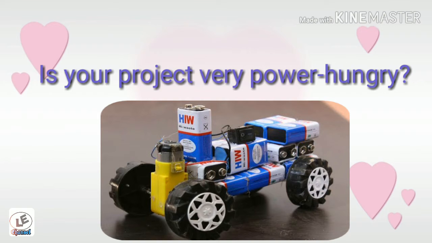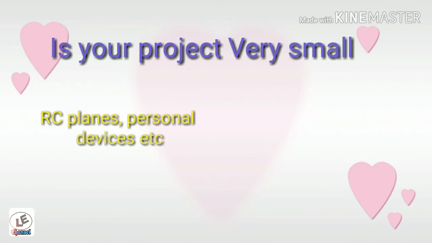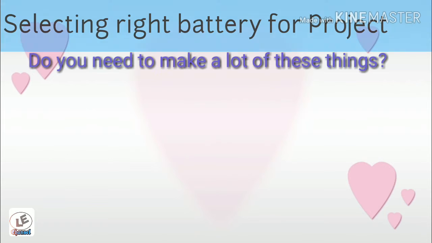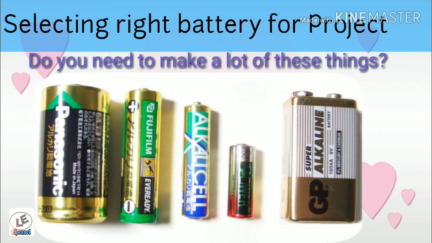If your project is very small, such as RC planes or personal devices, you can use lithium polymer cells or lithium ion cells, which are tiny and have less weight.